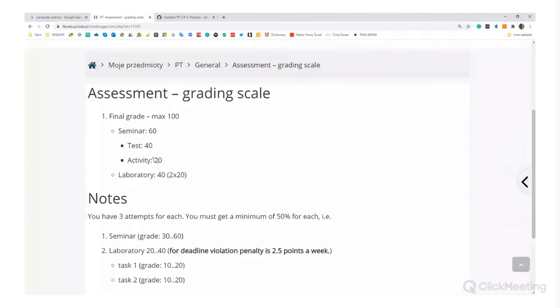For example, having 20 points, you only need to get 10 points from the test. Of course, if you are getting 20 points from the activity, probably you are interested in getting 40 points from the test, because you are looking for a good score. So it doesn't work this way, but of course, for passing, it is enough to get only 30 points as the sum from the test and the activity.